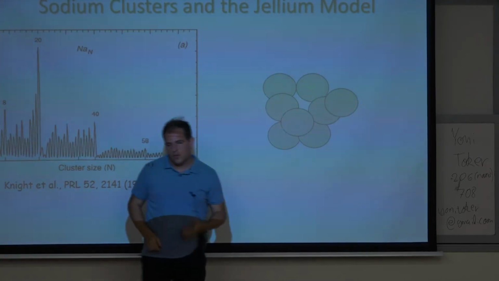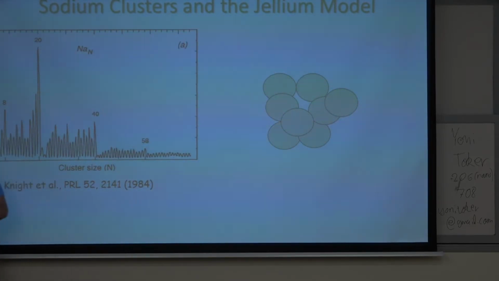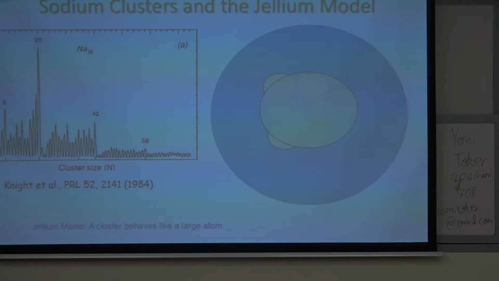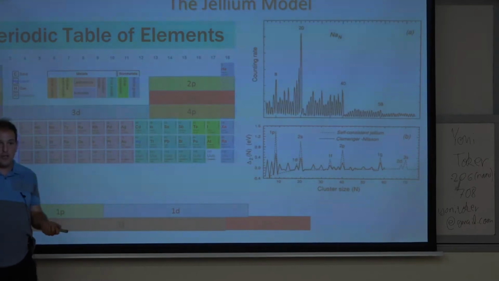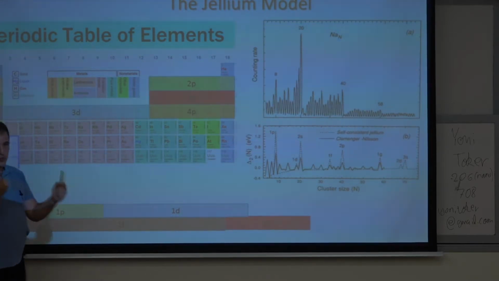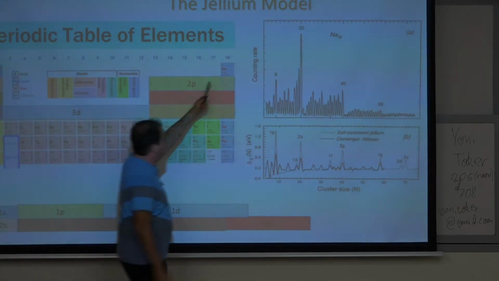Okay. But so now we have a cloud of electrons. And this cloud of electrons can form shells just like the electrons within an atom. So electrons in an atom, they also form magic numbers. So if you have two electrons, then you close the first electronic shell, and then you get a very stable atom called helium, right?